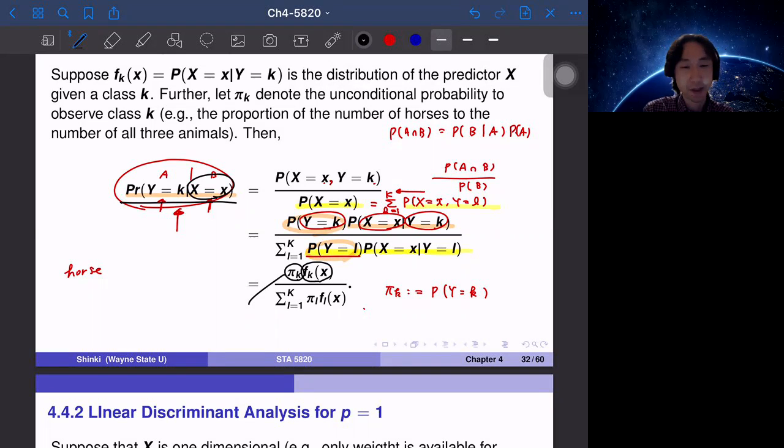For example, in some country, how many horses, how many giraffes, and how many deer. That affects our decision. If most animals in that country are horses, then even if the neck is slightly longer, maybe we judge that animal as a horse.